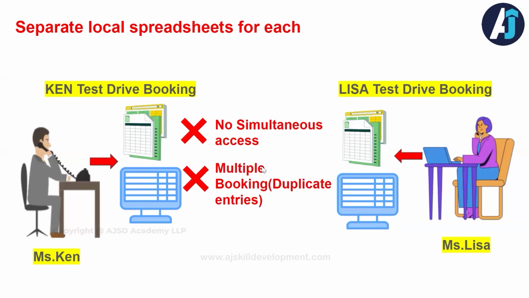Okay, let us see other issues with using local spreadsheets. The other cons with local spreadsheets is the lack of automation. Yes, we don't have any automation here, right? For example, if Preeti is booking a test drive, she doesn't receive any automated message that her test drive booking is confirmed.